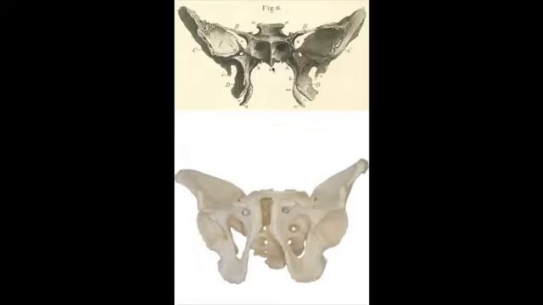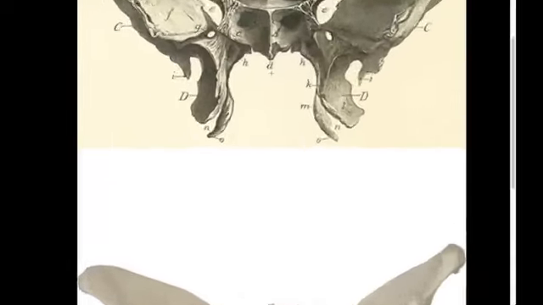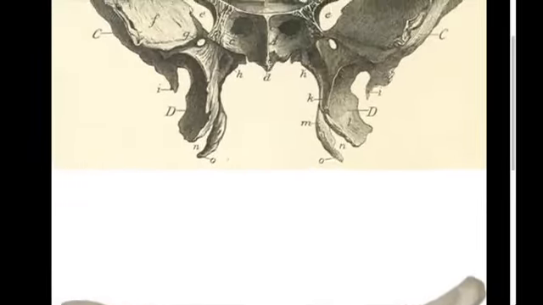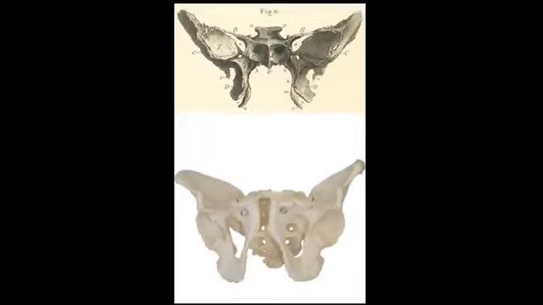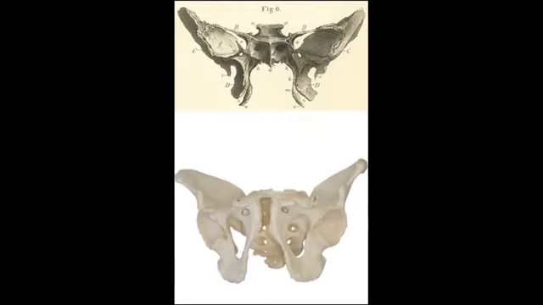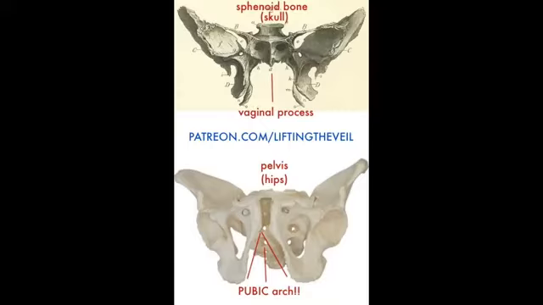And what I failed to mention, I believe, in my last video, was this point right here, letter D, is actually what is called the vaginal process. So again, the vaginal process is located directly in the center point of the sphenoid bone.